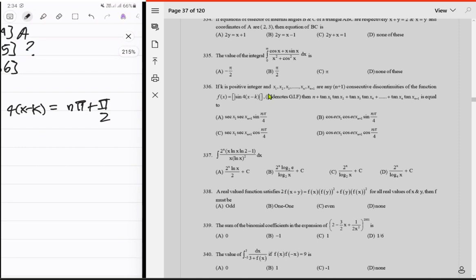So that means like x is equal to k plus pi upon 8 plus, you know, n pi upon 4. Weird. Right. So x1, x2, these are like discontinuities of this function. Then n plus tan of x1. Consecutive discontinuities.